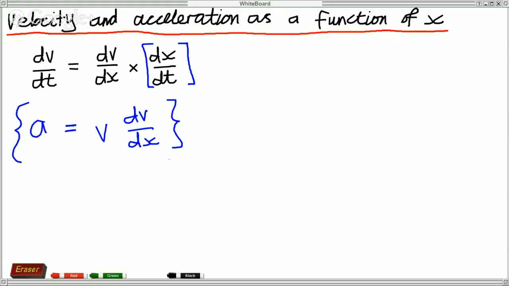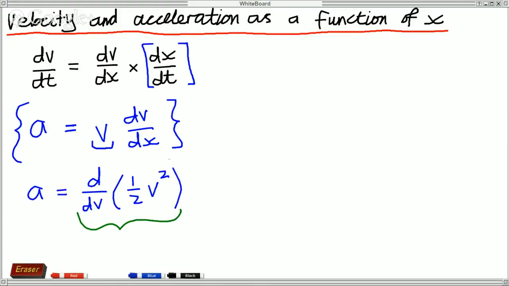Now in the next one, we are going to break up v here, and it's a little bit tricky. So what we do is we're going to write v as d/dv of a half v squared, because if you differentiate this with respect to v, you're just going to get v anyway. So we haven't really changed it, we've just written it in a different form. And we still have times dv/dx at the end here.